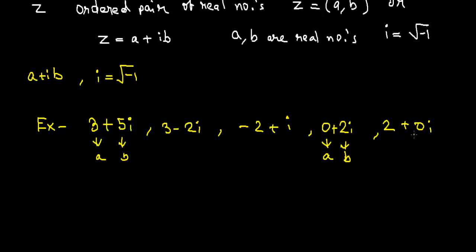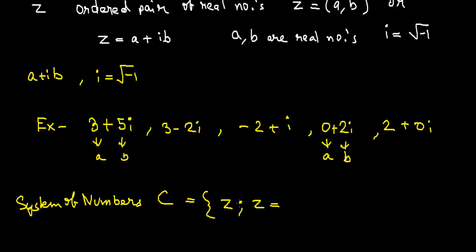So these all are complex numbers, and the system of complex numbers is denoted by C. This is the set you must remember: Z is defined by A plus iB, where A, B belong to the real numbers. So this is the set of complex numbers.